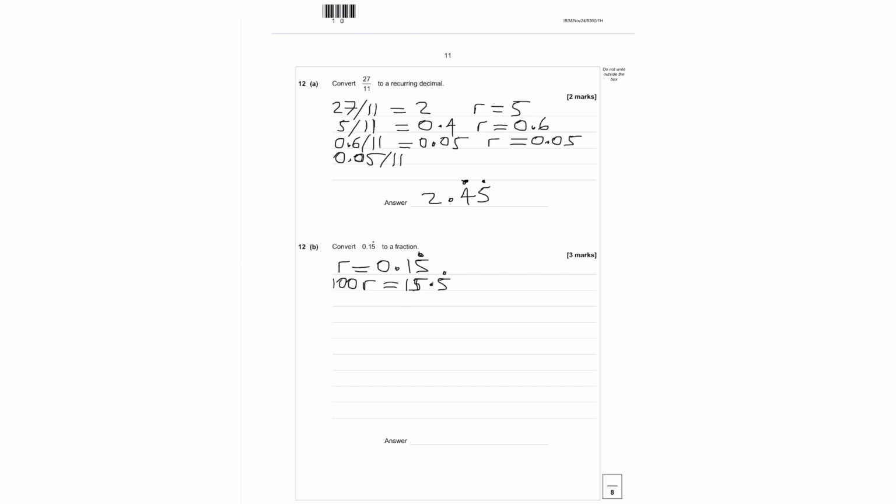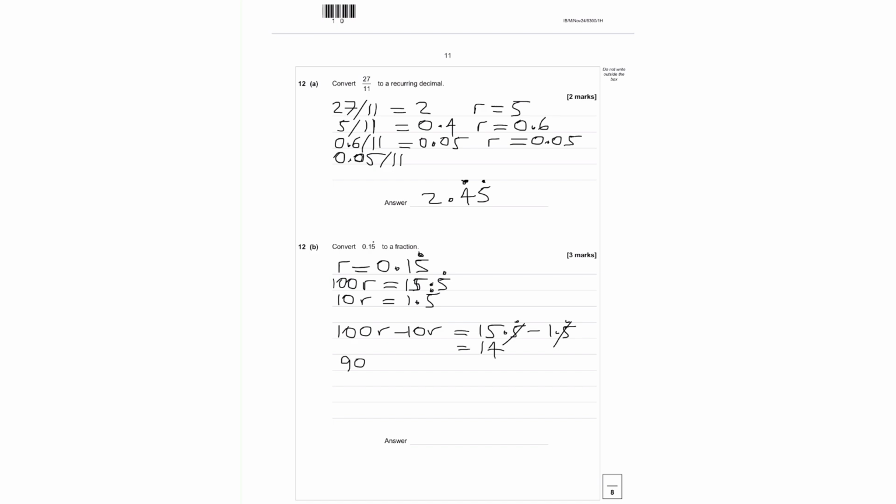And then I'm going to work out what 10R is. So 10R is going to be 1.5 recurring. And then if I work out 100R minus 10R, that's going to give me 15.5 recurring minus 1.5 recurring. And what you'll notice here is we can get rid of this recurring number, so we're just left with 15 minus 1, which is 14.